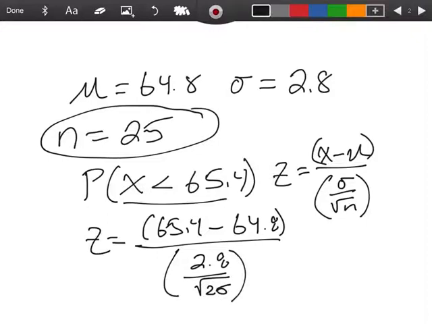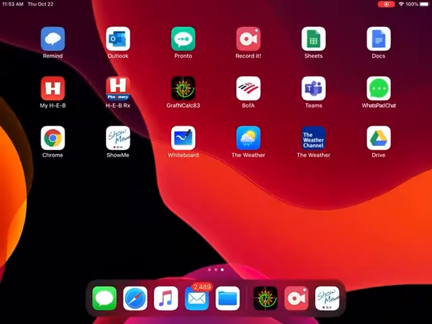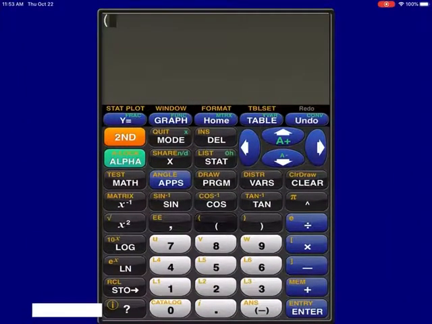Okay, so let me do this part on my calculator. So let's get the calculator going again. So 65.4 minus 64.8, close that off, divided by, we said 2.8 divided by second square root of 25.